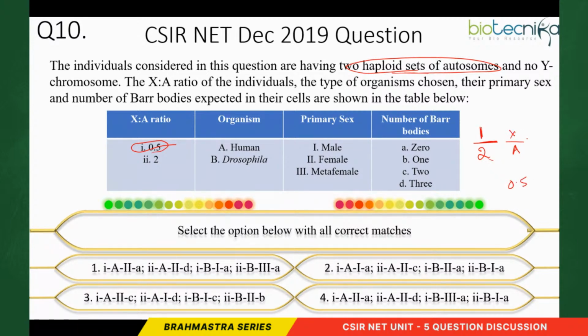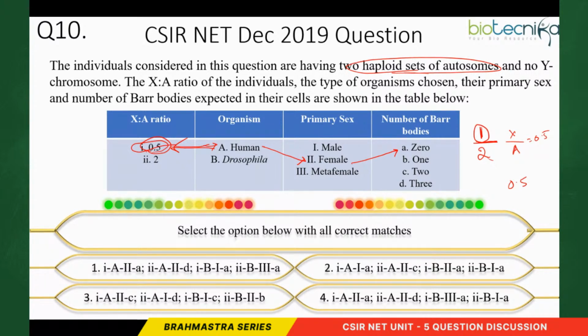Then only we can get the answer as 0.5. That means for 0.5 in case of humans, only one X chromosome should be there. And only one X chromosome means no bar bodies because one has to be activated. So 0.5 humans, and anyways, this is female only. So it will be 0 bar bodies, because there is only one X chromosome.